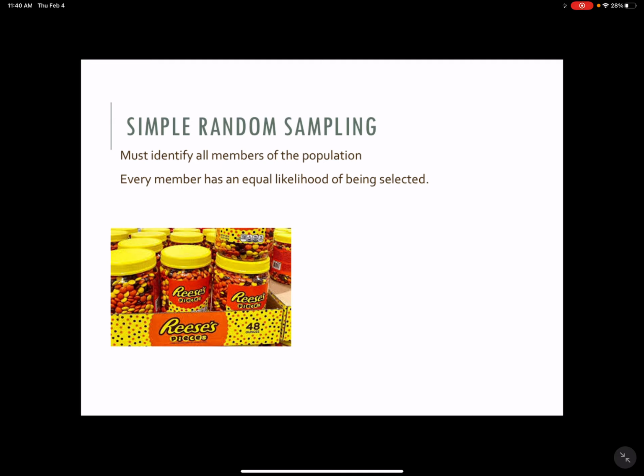So let's say I go to the phone company and I get all of the numbers from everyone in the country, and I do random digit dialing of those numbers to find out who they're going to vote for president. So I call everybody.